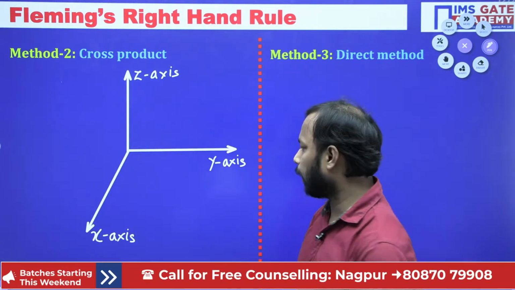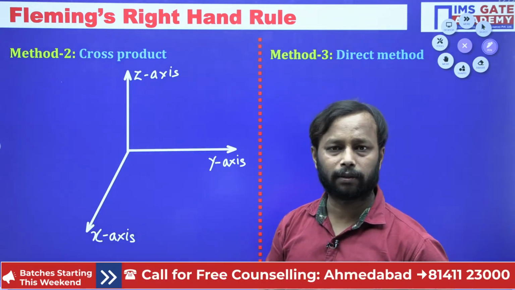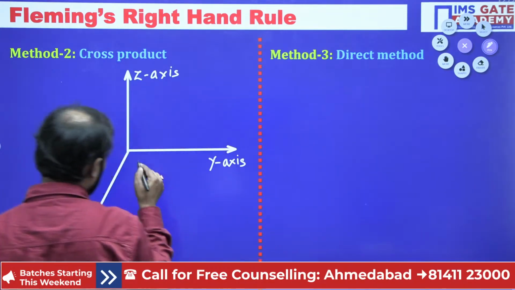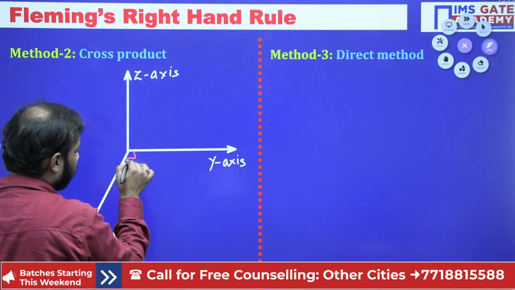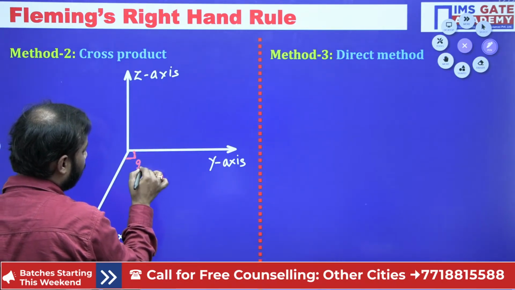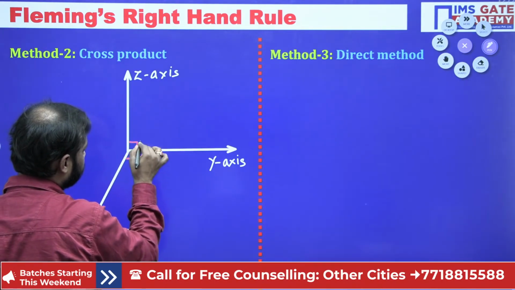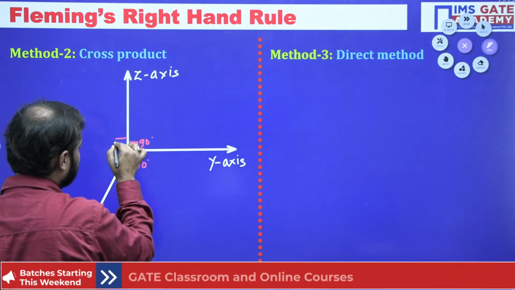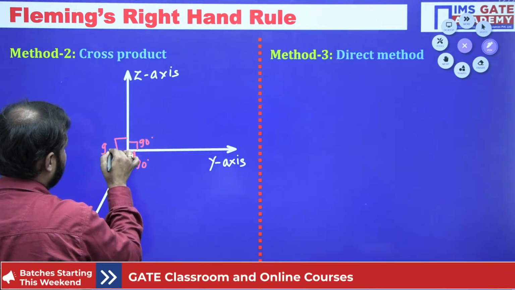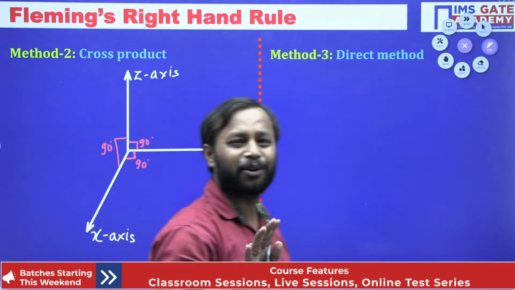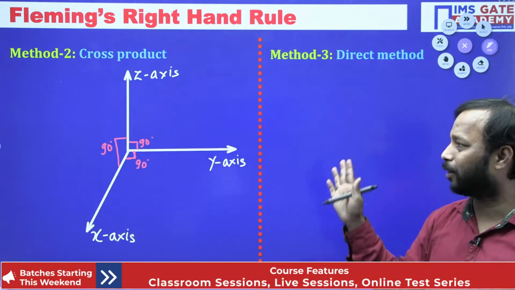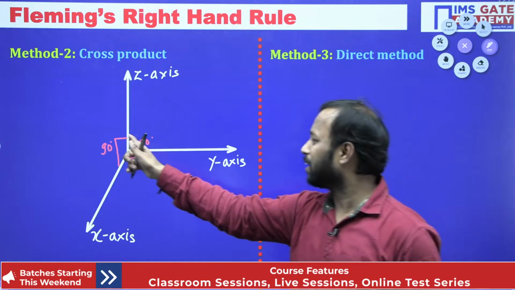Always make the axes in this fashion, where the angle between every axis is 90 degrees. It is not possible to make a 3D diagram on a board, so please assume this is 90 degrees.